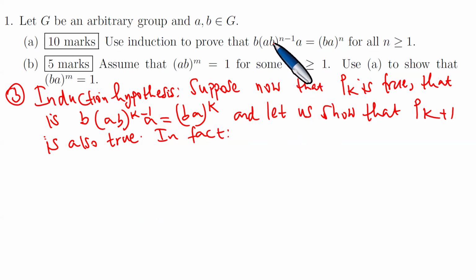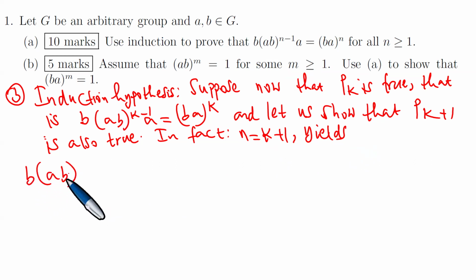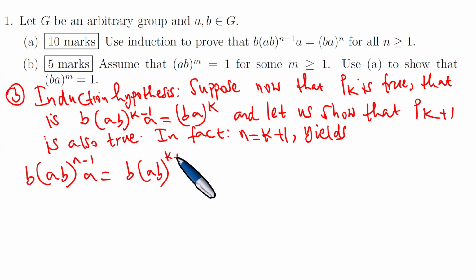Putting n equals k plus 1, you start and write B to the n minus 1, which is B, AB, and in the place of n you put k plus 1 minus 1, A, like this.